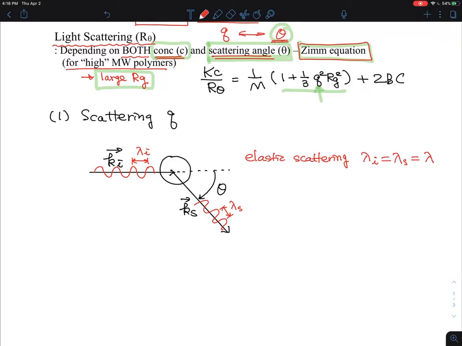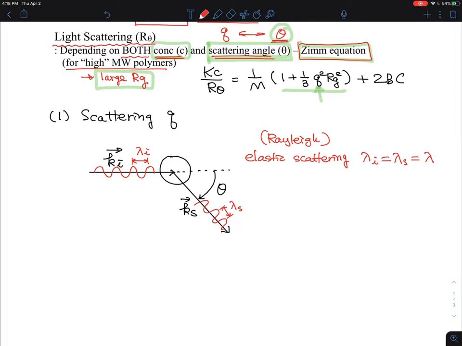Let's just call it lambda. This is for Rayleigh scattering. Elastic scattering is Rayleigh scattering.